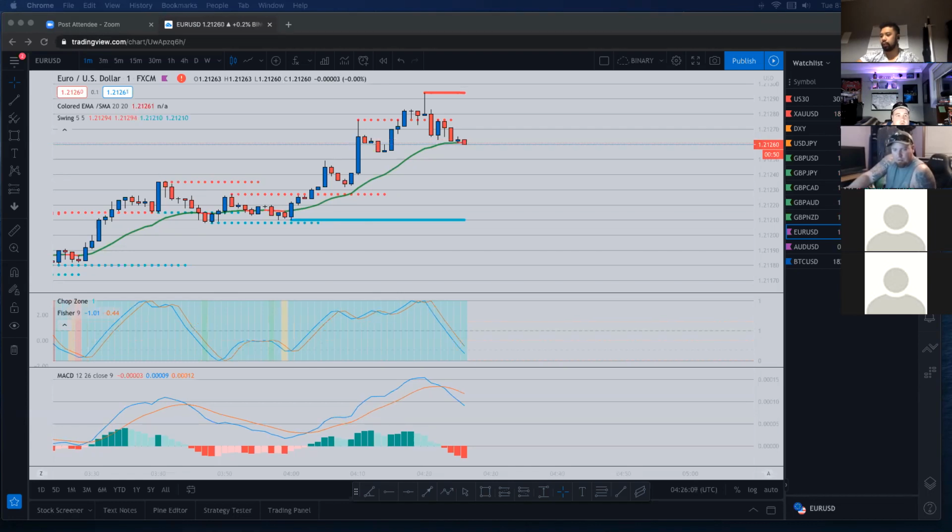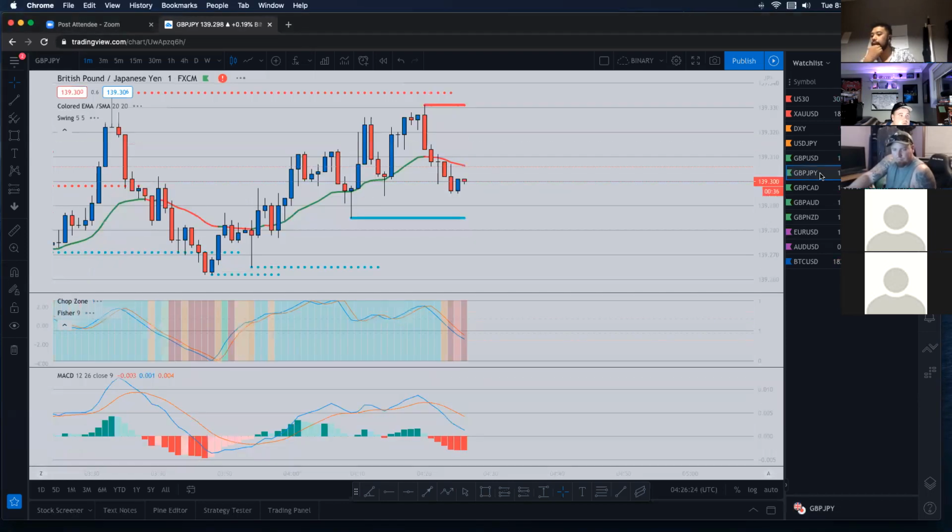Euro JPY. Let's see. Come on. Should have come back to the retest. Yeah, I think so. Okay, let's see here. Going back to GBP JPY. I want to see if GBP JPY could go retest the EMA. The chop zone right now.